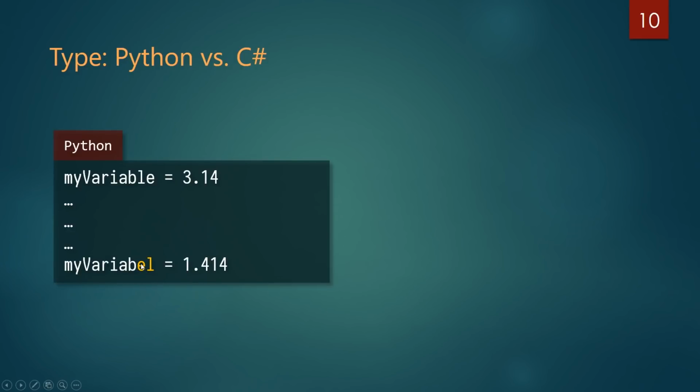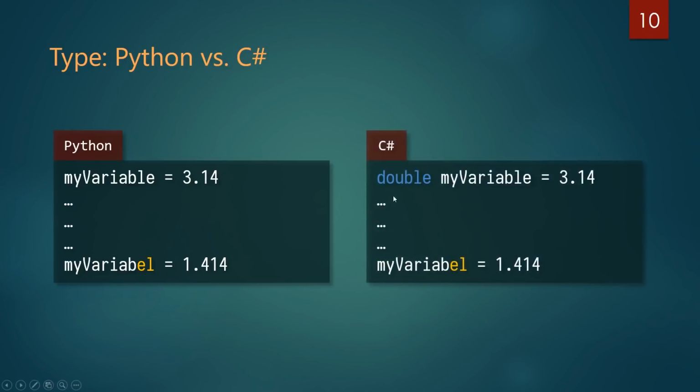Now in the C# language, or explicitly typed languages, also C++ or JavaScript or Processing for that matter, whenever you declare a new variable, you have to say the type. So my variable of type double, you put in a value, and then later at some point you change the value of the variable, but you accidentally mistype the name. Then even before you run the code, when you click the run button, the compiler will say, hey, this variable has never been declared before.